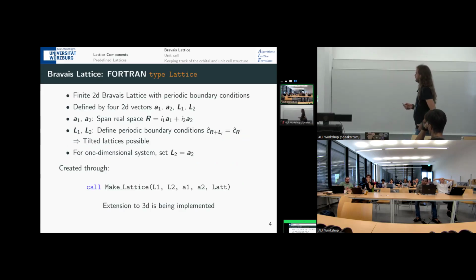How this is implemented in Fortran, so in ALF, is that we have one type lattice, which is similar to a struct or a class, if you are familiar with C or C++.